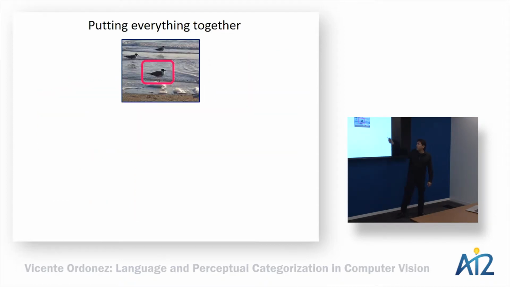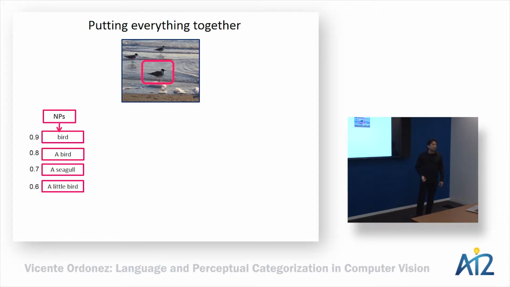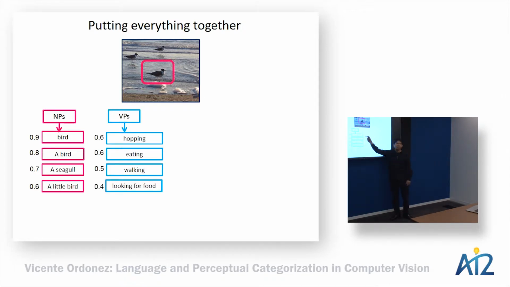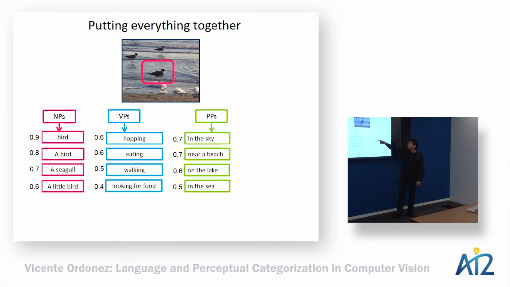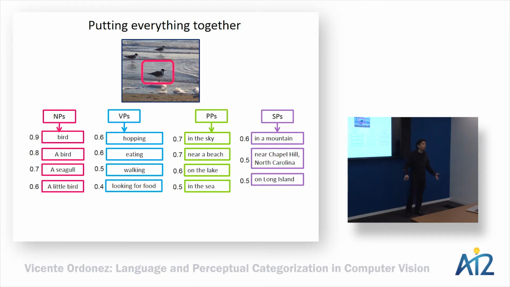So for one query object, we return four types of pieces of text, referring to various parts of the sentence. Noun phrases; verb phrases, which refer to actions; prepositional phrases, which refer to things that are around the object; and scene phrases, which refer to the whole image.